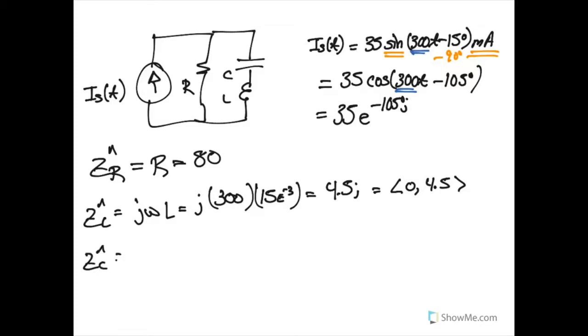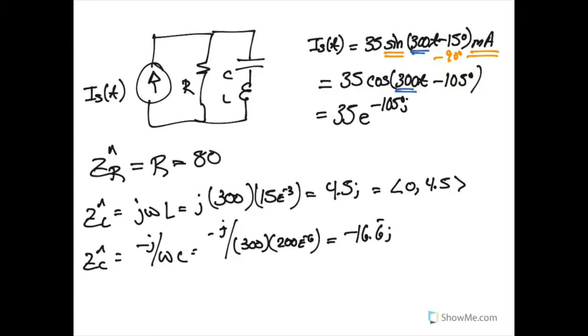Finally, for our capacitor, it's negative j over ωC, which would be negative j over 300 times our capacitance for this particular problem of 200 microfarads. Our resulting value for this is negative 16.6 j, and we can also represent this as 0, negative 16.6 repeating.